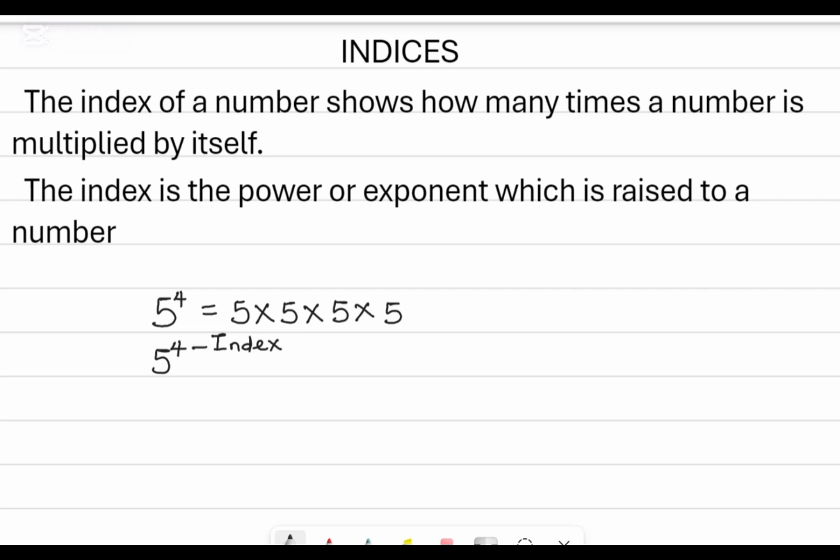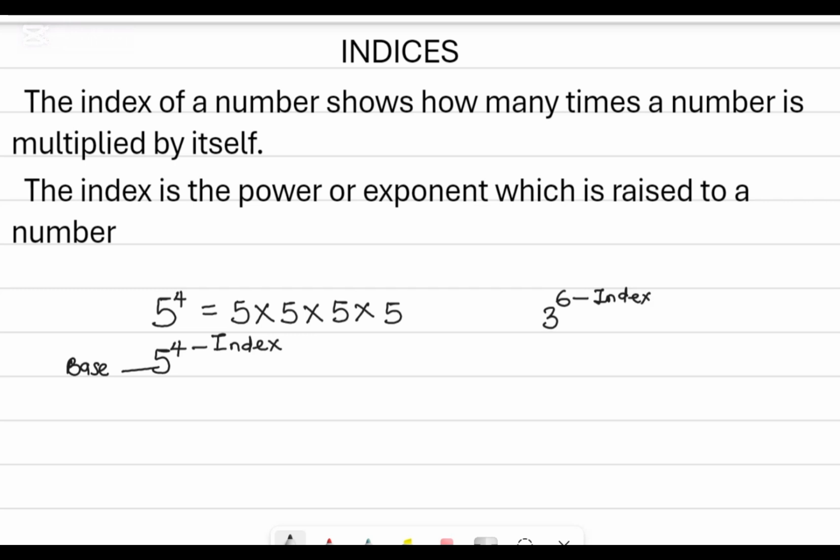That's what the index gives you. Actually, the 5 here is called the base. Okay? So if I say 3 raised to power 6, 6 here simply is the index.